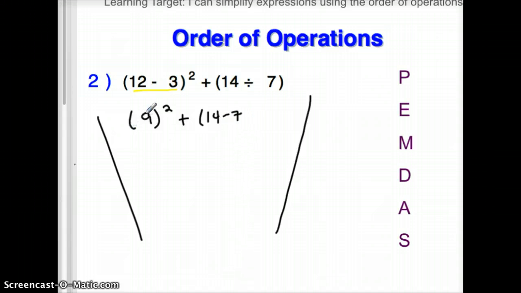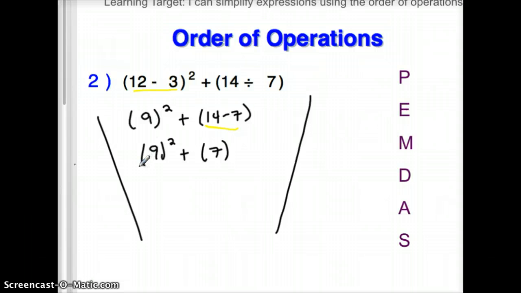All right, now there's nothing else I can do within this parenthesis, so let me jump to this other set. And all that's going on in there is subtraction, so let's get that out of the way. 14 minus 7 is 7. Now start PEMDAS all over again. My parentheses, there's nothing going on inside of them, so now do I have exponents?